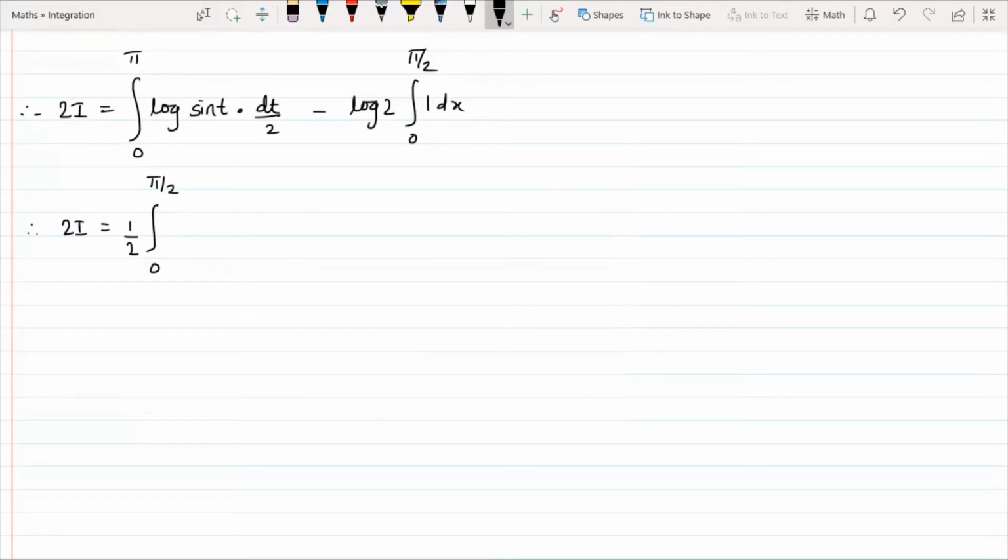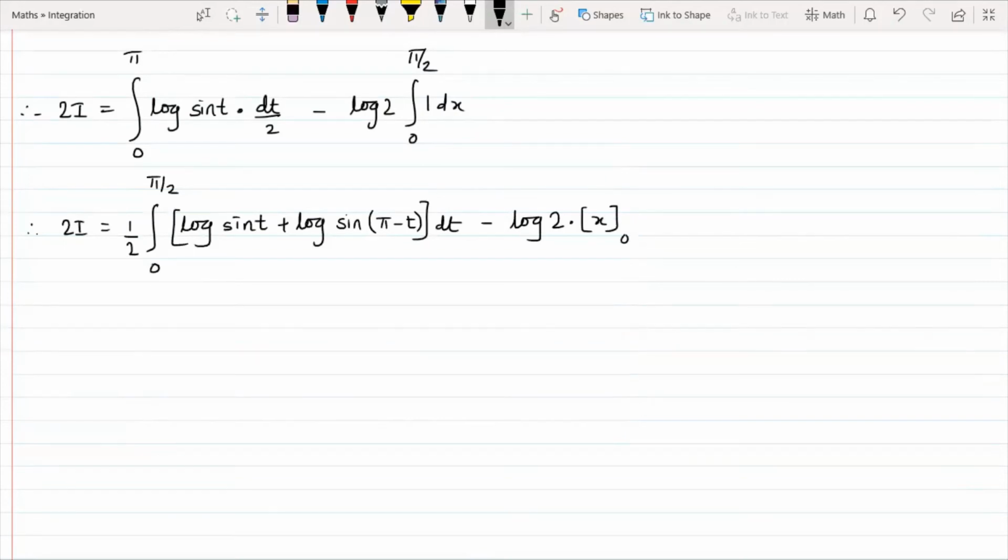It is 0 to pi by 2 log of sine t plus log of sine of pi minus t dt, minus, here it's for the second integral, it's simply log of 2 into integration of 1 is x from 0 to pi by 2. By the way, what I have applied for this case?